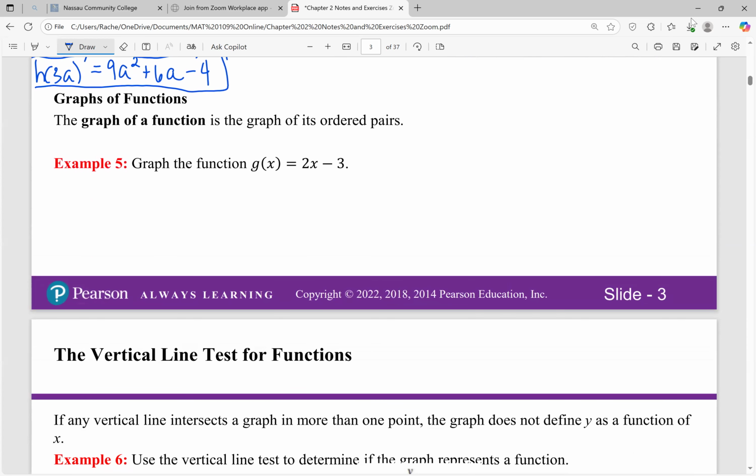So next we're going to look at graphs of functions. And a graph of a function is just a graph of its ordered pairs. Really, you can graph any function by making a table of ordered pairs and sketching it. So let's just look at example 5, where we have to graph the function g of x is equal to 2x minus 3.